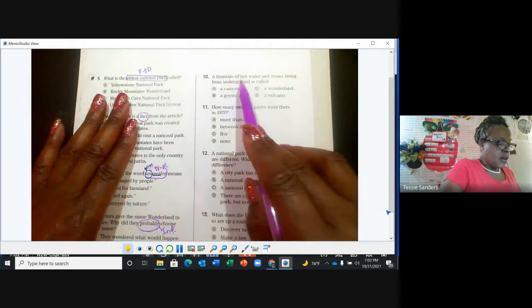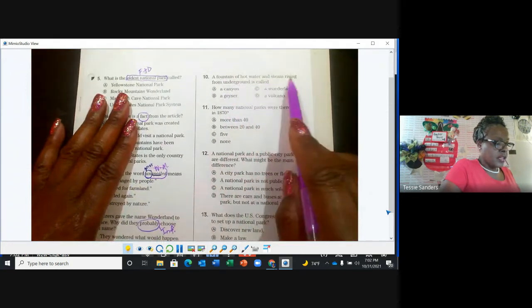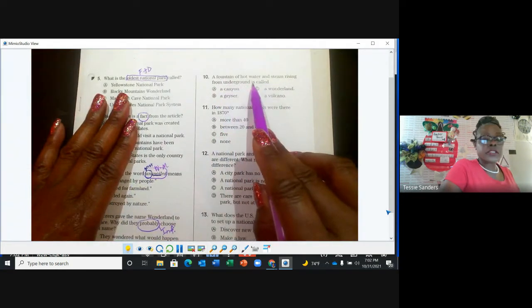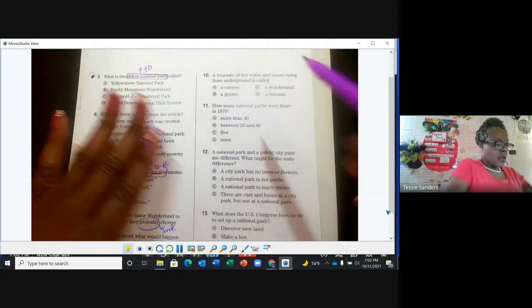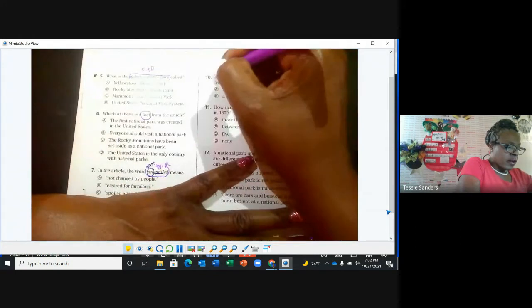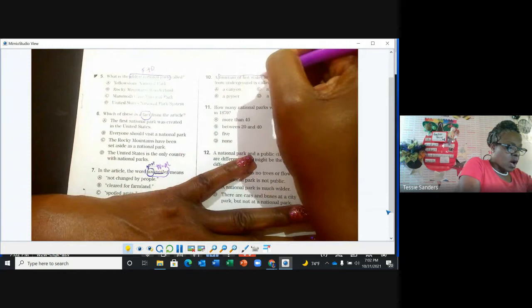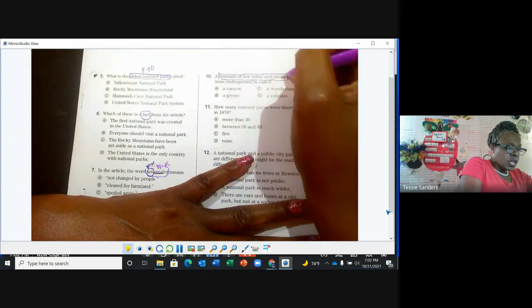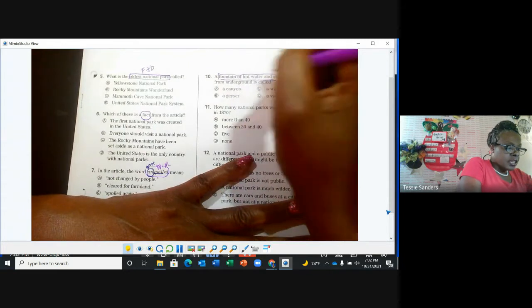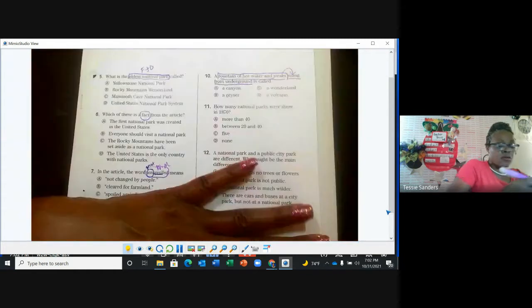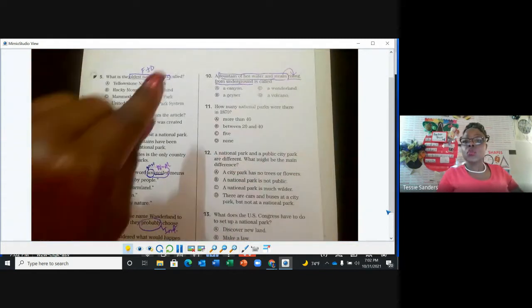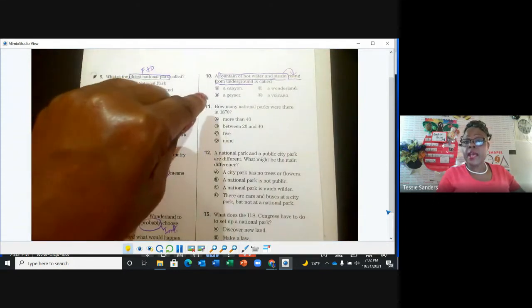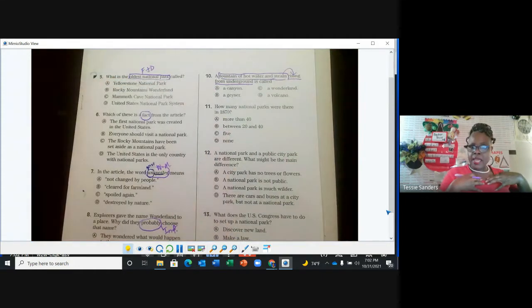A fountain of hot water and steam rising from underground is called. Now look, put a box around a fountain of hot water and steam. What is it doing? It's rising from underground. Your number 10 should look like my number 10.